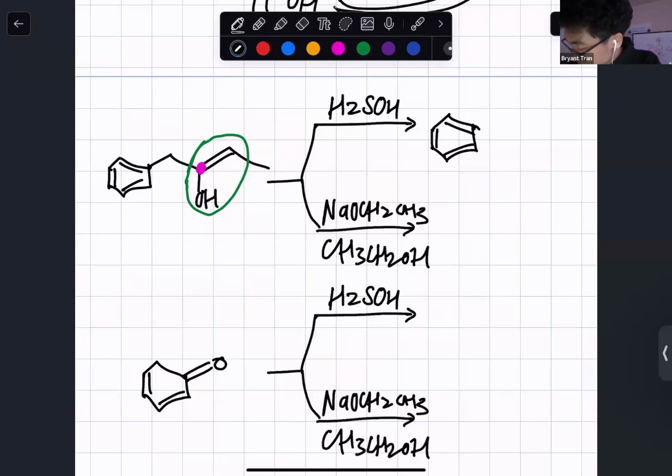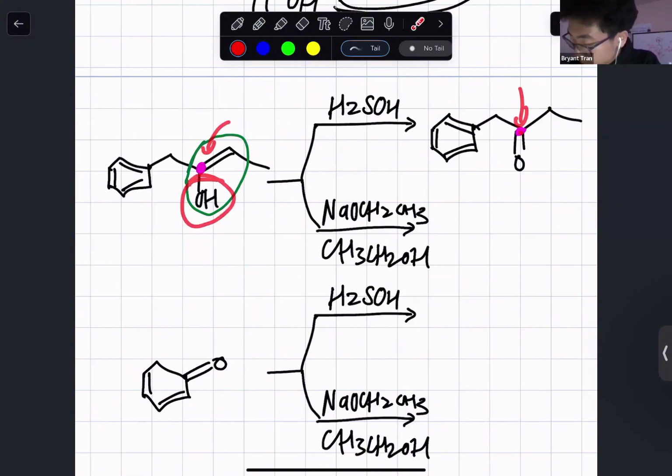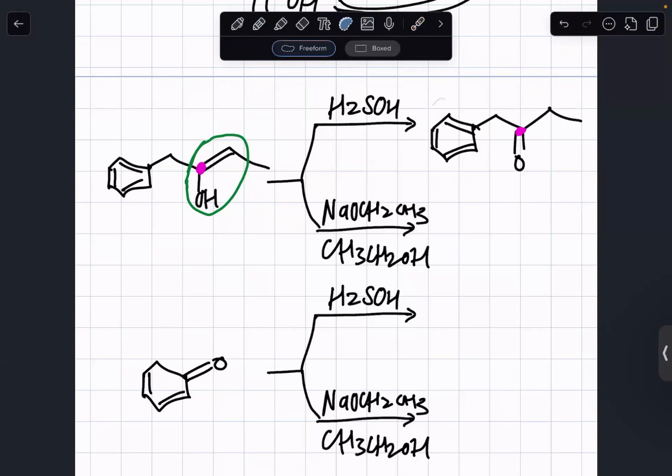So we can have this carbonyl right here, where that pink carbon that I color coded is where the alcohol was, and that's where the carbonyl is now, and the double bond is no longer there. So based on what you drew as the reactant, that first product is correct. I guess I just dropped the extra carbon.